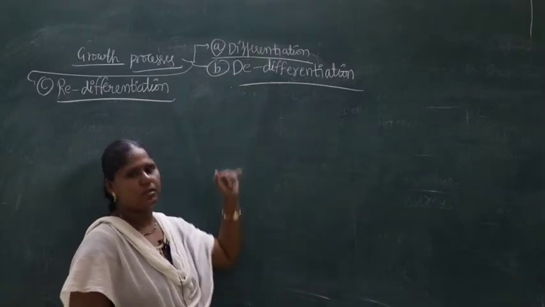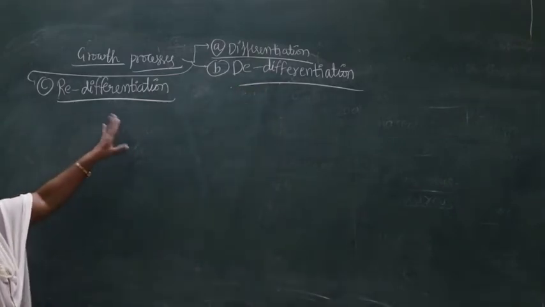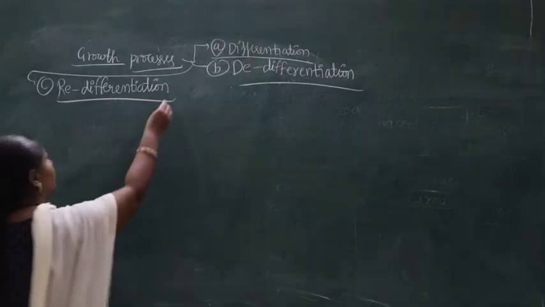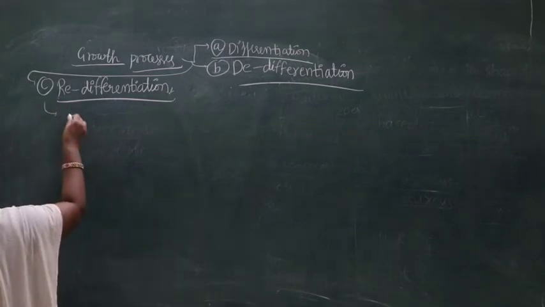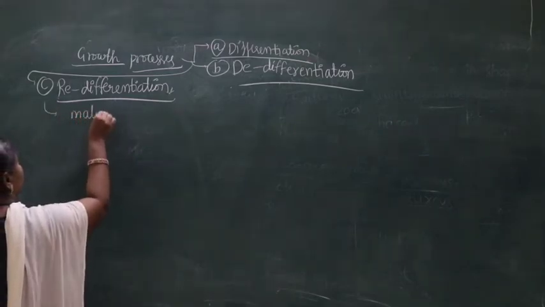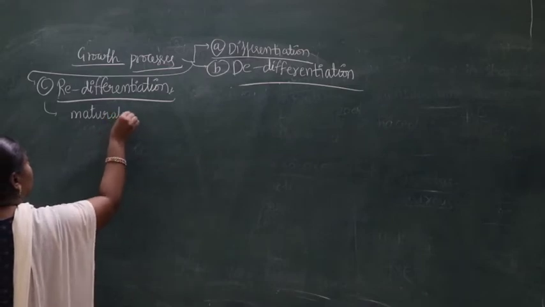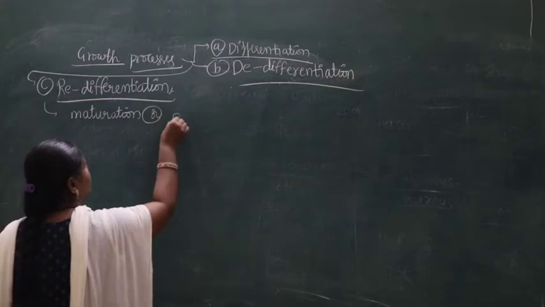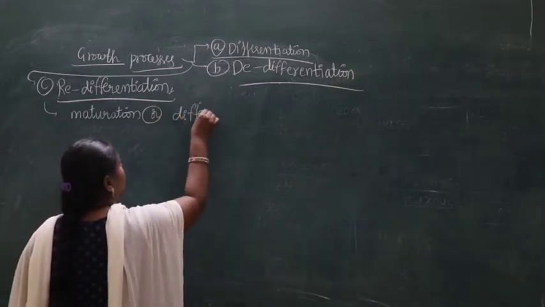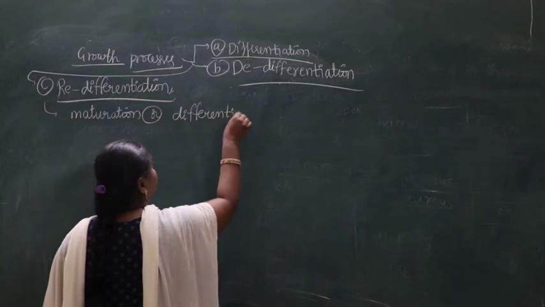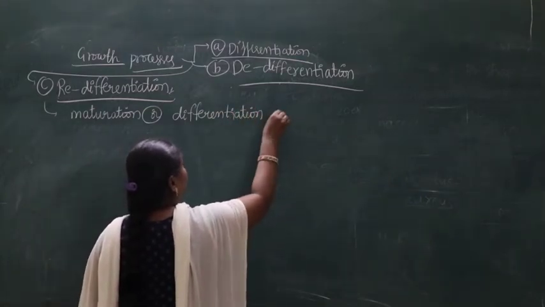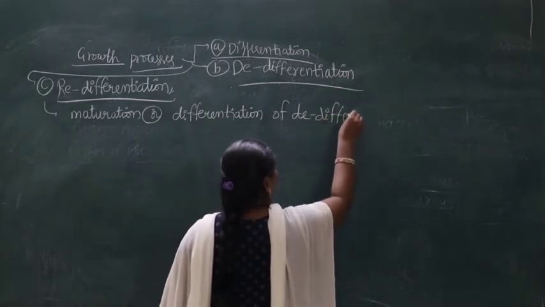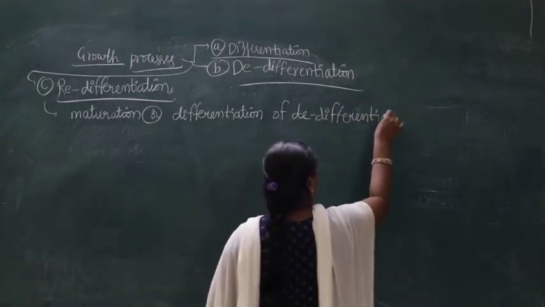Now we are in the third process, that is re-differentiation. So what is re-differentiation? Re-differentiation is nothing but, we can say definition, maturation, or we can define this as differentiation of de-differentiated tissue.